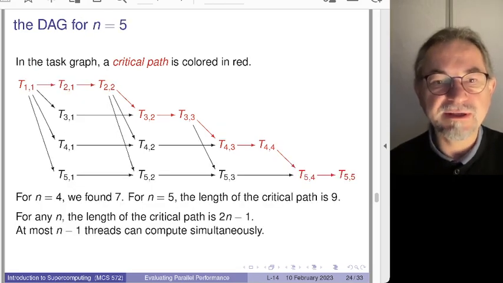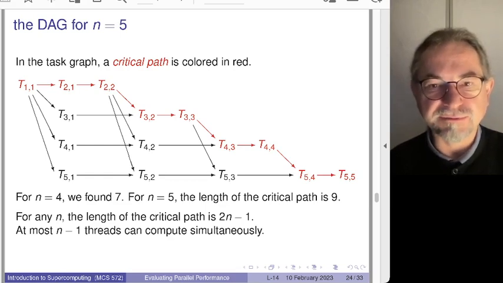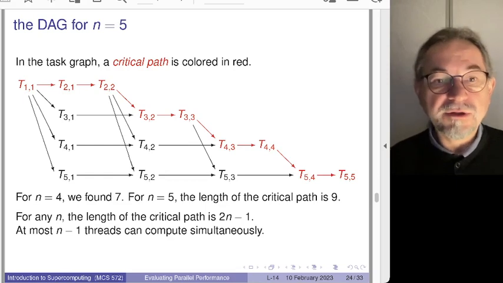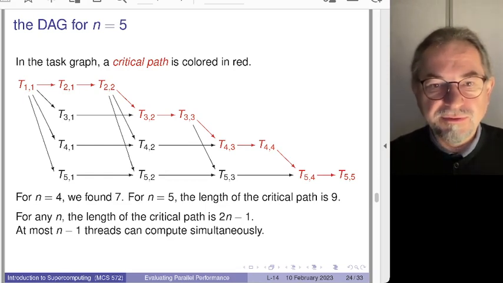So here is the analysis of the algorithm for 5. That was the largest one that I could fit reasonably on a slide. Here you see that the length of the critical path now contains 2 nodes more. The general formula can be derived from that.